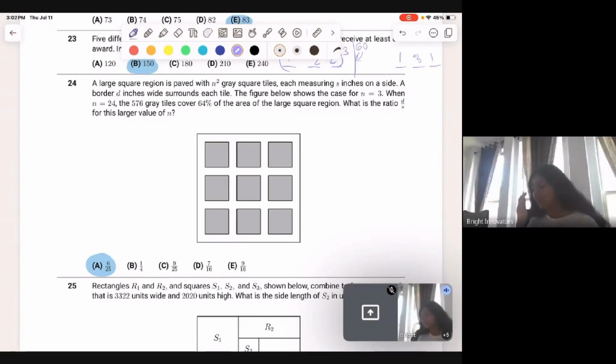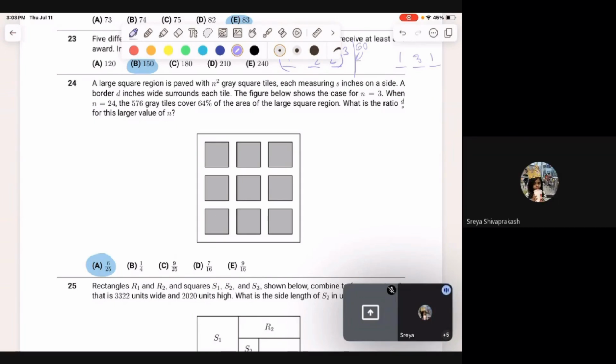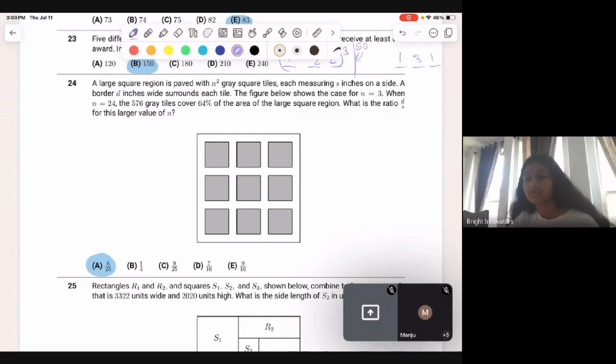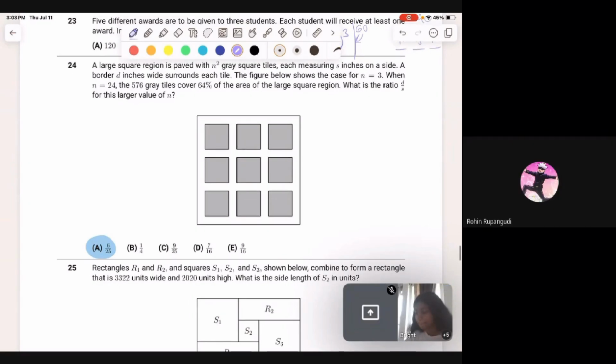Okay. That made sense to me, but I don't know about everyone else. Did everyone else truthfully get that right? Yeah. Vika, Shreya. Wait, yeah, I got it. Okay. Rohan. Yeah, got it.